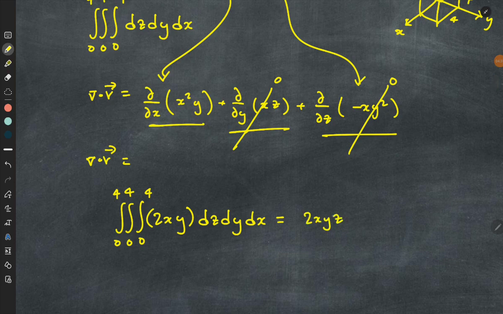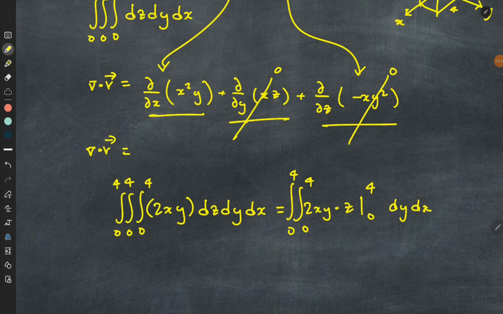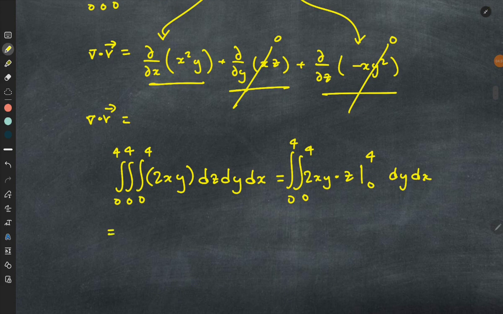There aren't any z terms, so a z would just show up. We still have to integrate with respect to the other two variables. So z from 0 to 4 is just 4. So we have 8xy dy dx.